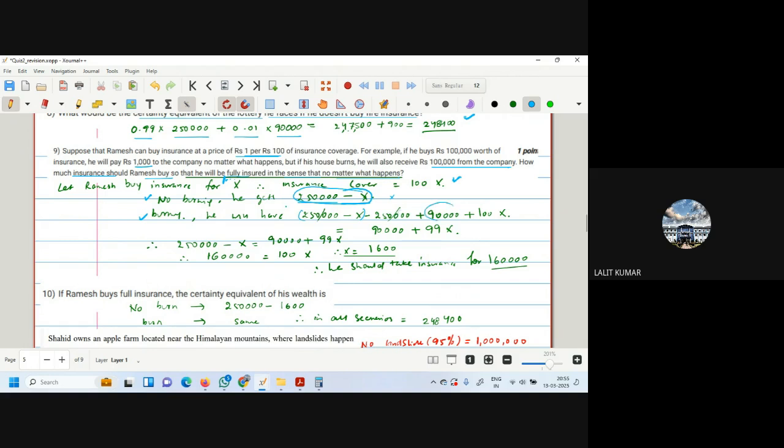Only 90,000 is left, and he gets 100X from the insurance company. Now, his returns from both scenarios should be the same if he wants to be fully insured. So we equate 2,50,000 minus X to 90,000 plus 99X. From here, X is 1,600, which is the premium. And if he's paying a 1,600 premium, he should take insurance of 1,600 into 100, which is 1,60,000.